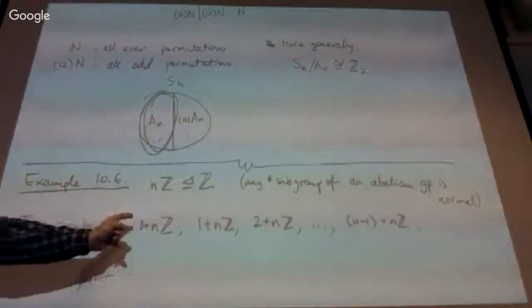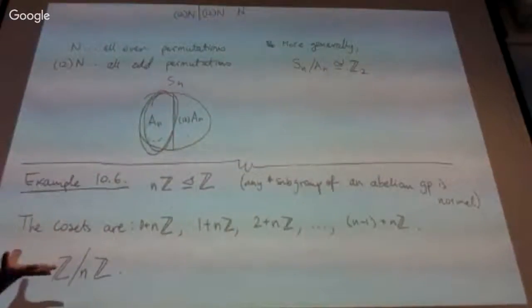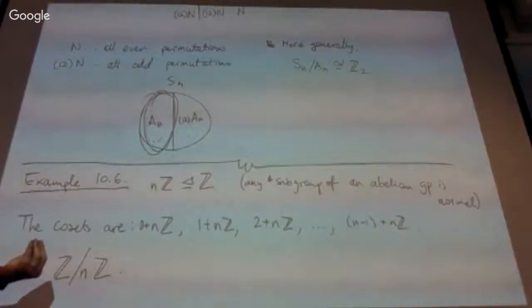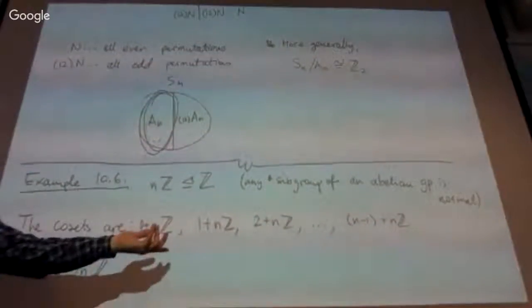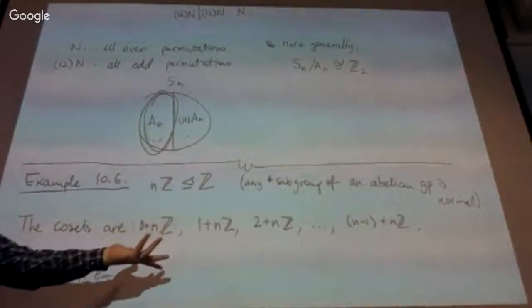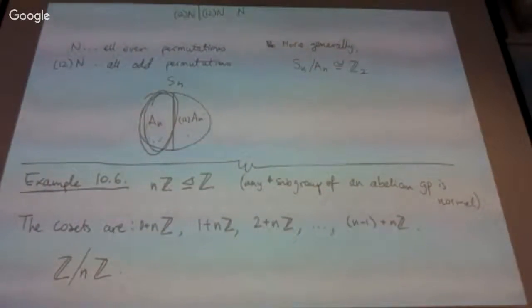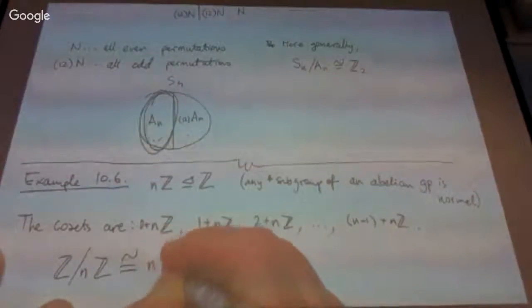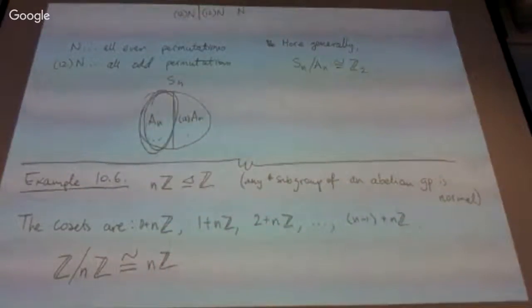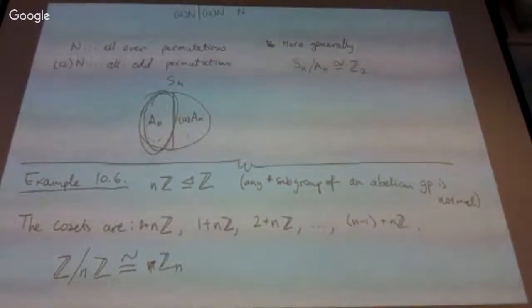The elements are these cosets. And how do they operate? Well, for example, if you take these two cosets, you get the coset of 3. So this is isomorphic to Z with addition modulo n.